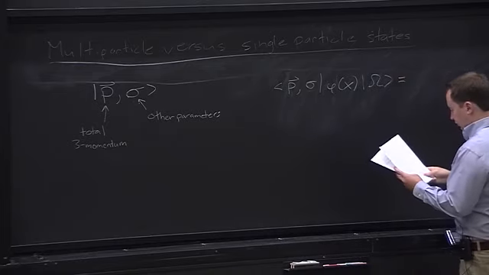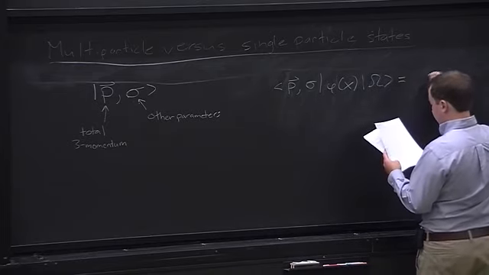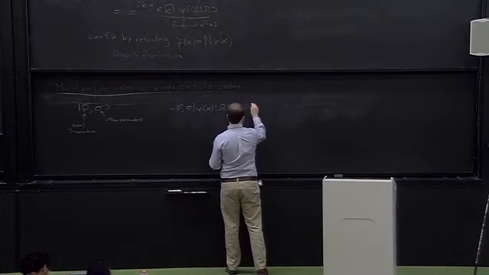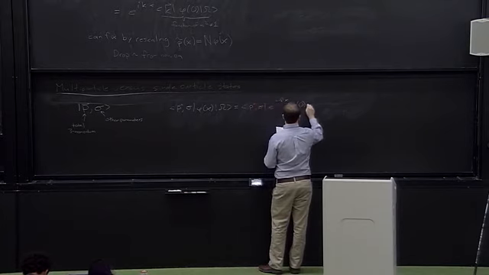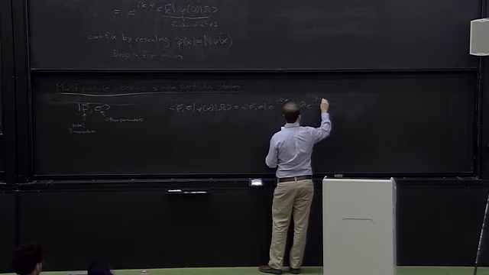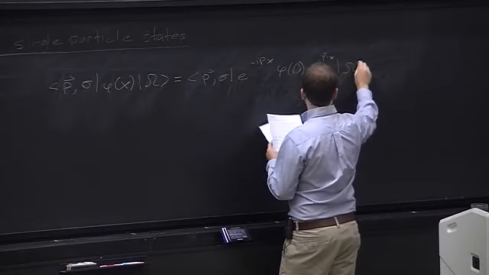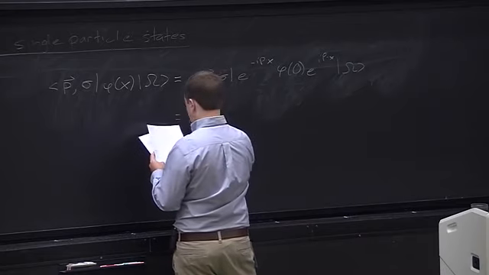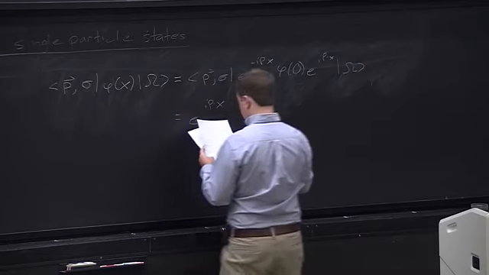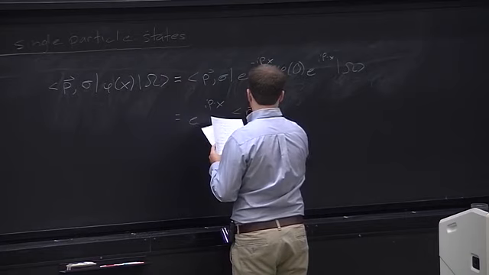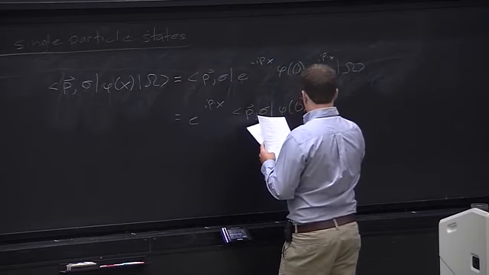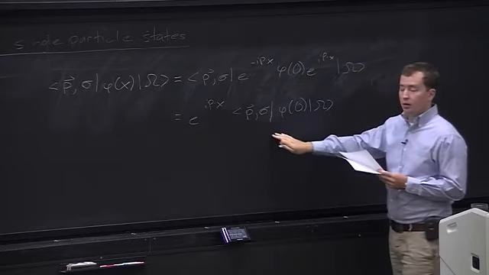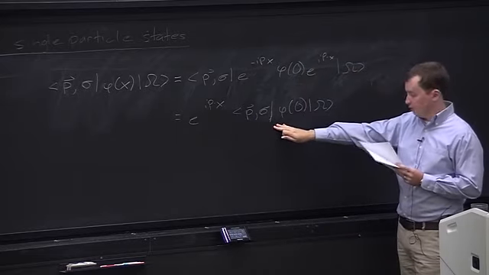We can do the same thing as before, and just writing this in terms of translation, we get e to the i p dot x times the overlap of sigma with phi of 0 omega. And there's no reason to expect this to be 0.